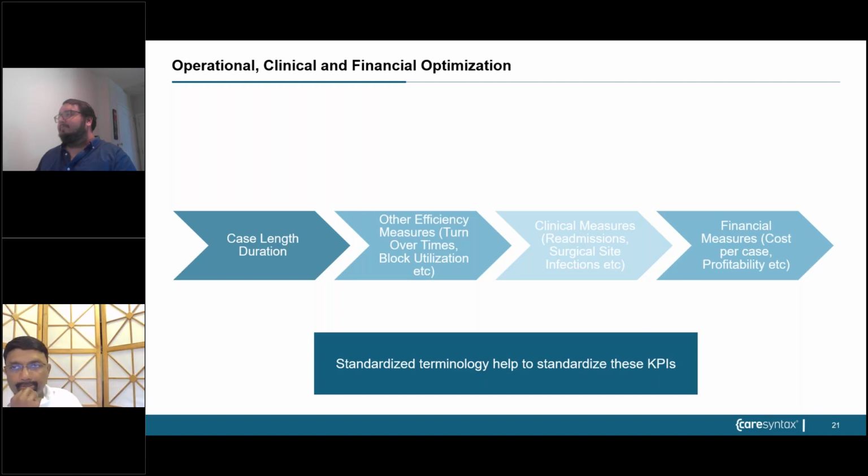You're looking at block utilization. Once again, key efficiency measures to think about and consider. Now you start thinking about clinical measures, things like readmissions, surgical site infections, and range of motion, and so forth. And then finally, you get to your financial measures in terms of cost per case, profitability.